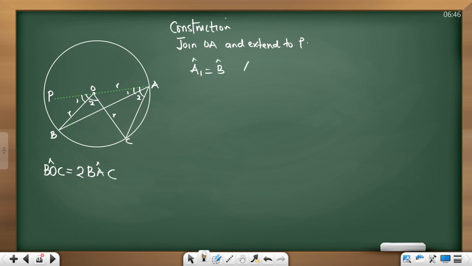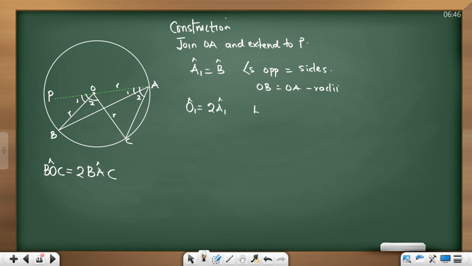Angle A1 equals angle B. What's your reason? Angles opposite equal sides are equal. And which sides are equal? OB is equal to OA, radii. All right, so that's done. Now, we can conclude that O1 is 2A1.